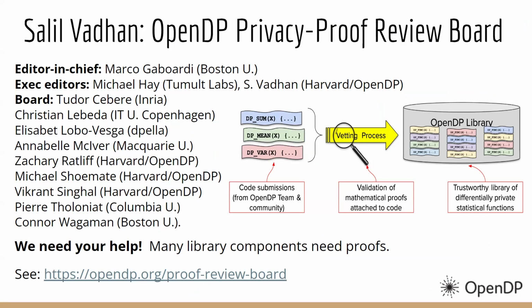Many of you may remember that one of the motivations for having a community project to build differential privacy software is that implementing differential privacy correctly, in a way that's faithful to its promises, is very difficult.